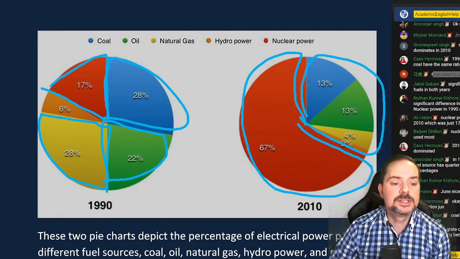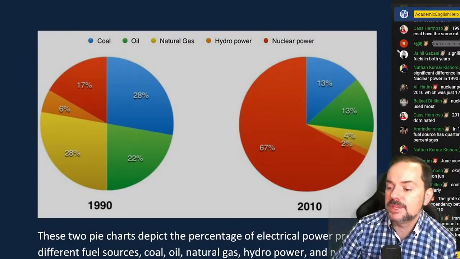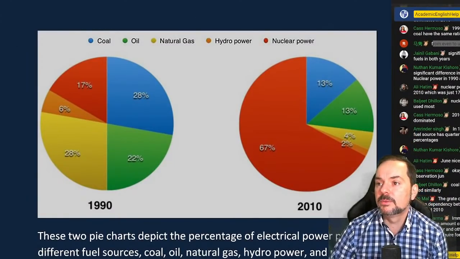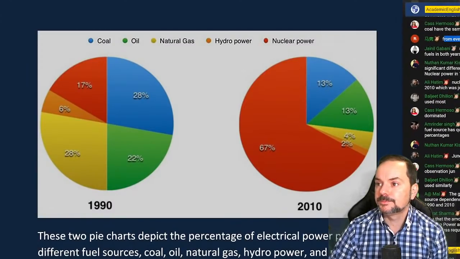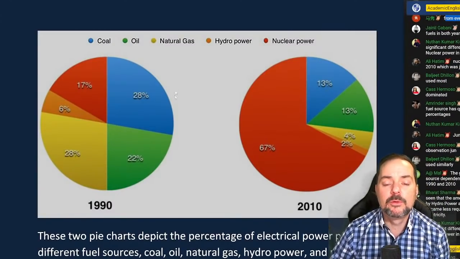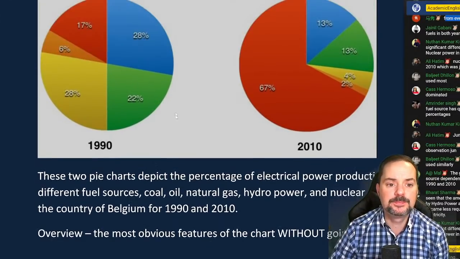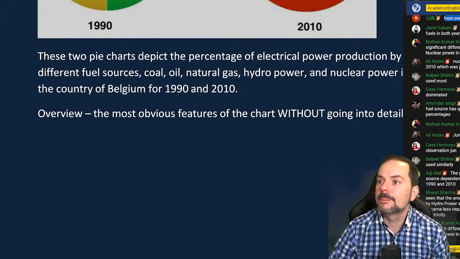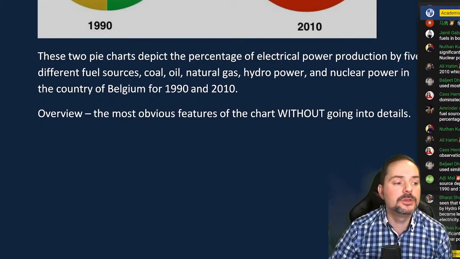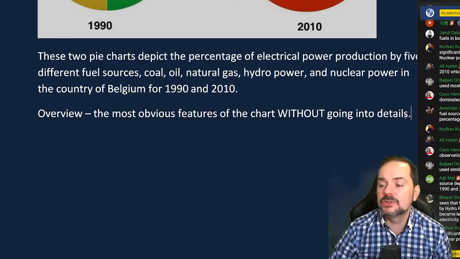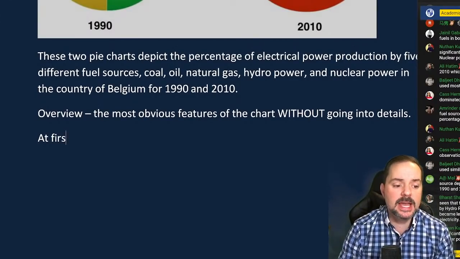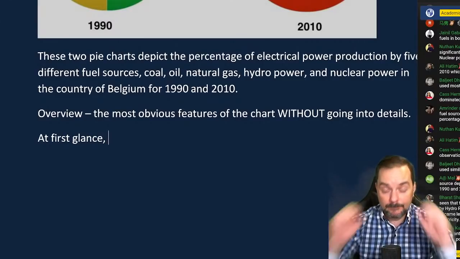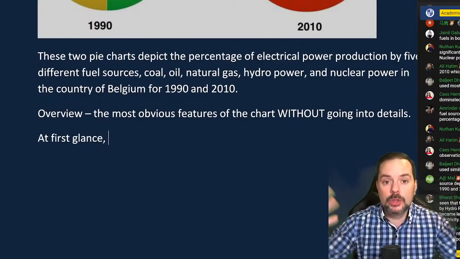All right, so again, as Kyber said earlier, the overview is kind of like the thesis, right? So that's what will give us the starting point for the analysis. Okay, so let's do that. So I'll write the overview, you write the overview, and again, just like with the introduction, we'll compare. All right, so at first glance, because it is the first glance, right? You just kind of bing, you take a look at it and you're like, oh, there it is.